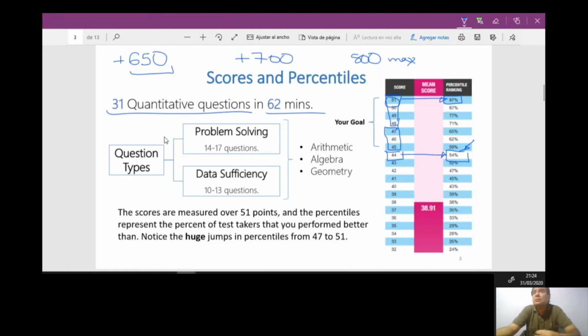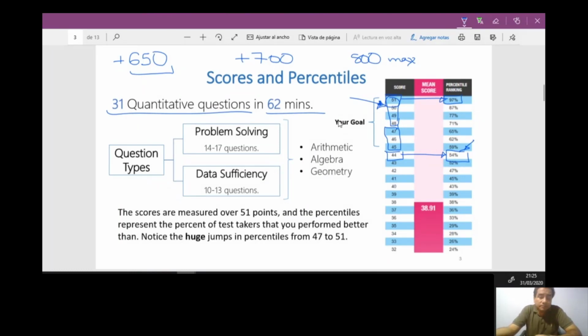But if you are thinking seriously in getting a 700 plus, then I encourage you to focus your attention on these scores. Less than 48 probably wouldn't work for you unless your performance in the verbal section is outstanding. That is also possible.